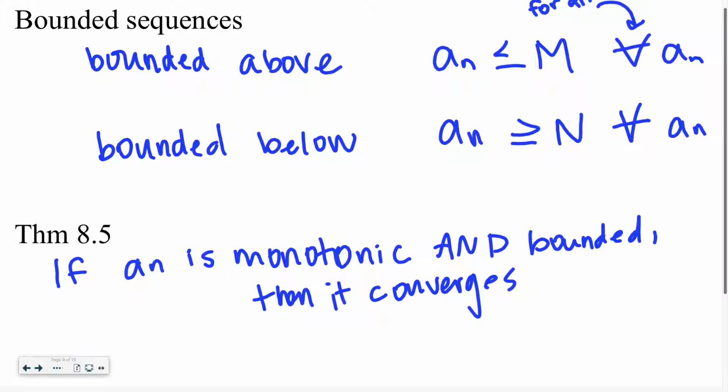Monotonic means non-increasing or non-decreasing, so it's moving, and bounded, then we're going to have convergence. Well, how could it be monotonic and not bounded? Well, it could be like 2, 4, 6, 8, 10, 12, 14, 16, 18. That would not be bounded.